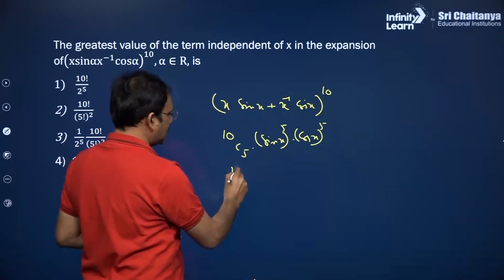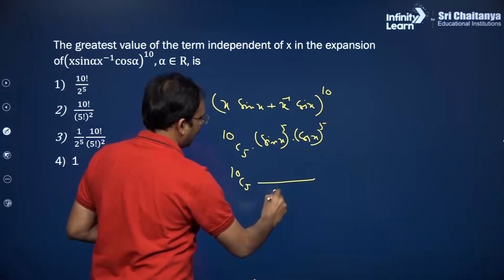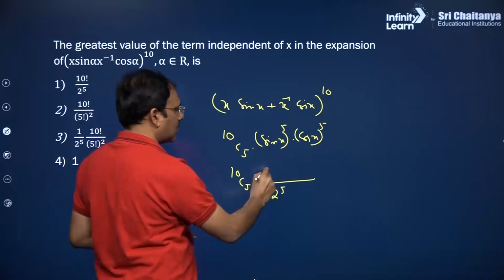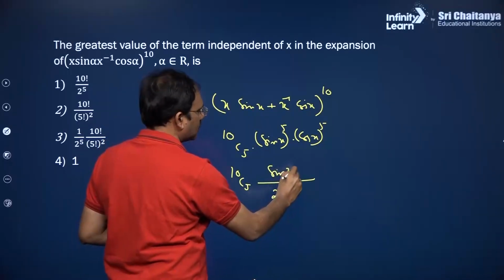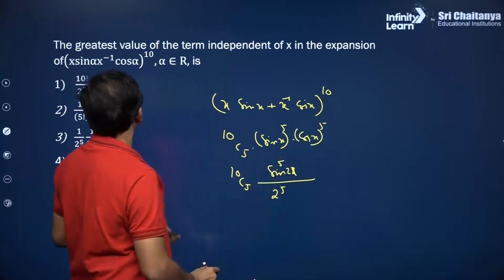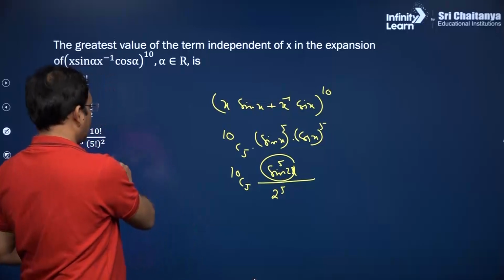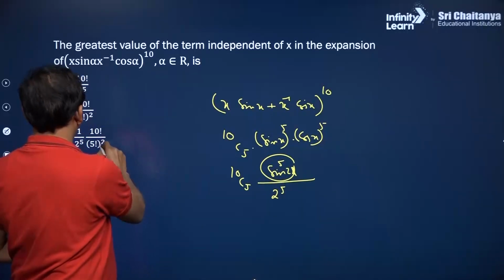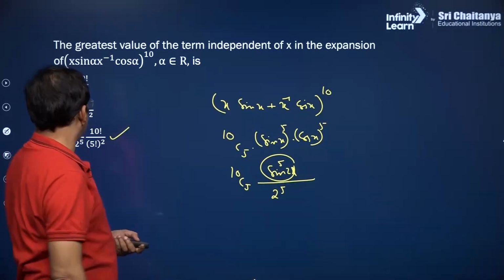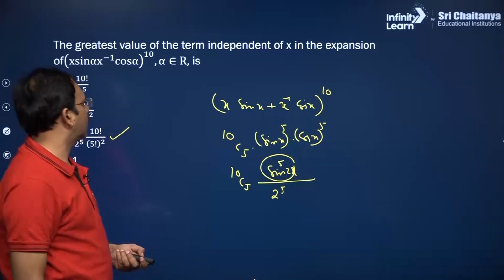So you can write 10C5, divided by 2 power 5, since 2 sin x cos x becomes sin 2x, whole to the power of 5. He is asking the greatest value. When this is 1, the value is 1 by 2 power 5 into 10C5, my dear friends. 10C5 means 10 factorial by 5 factorial into 5 factorial.